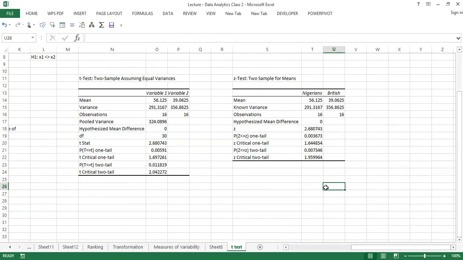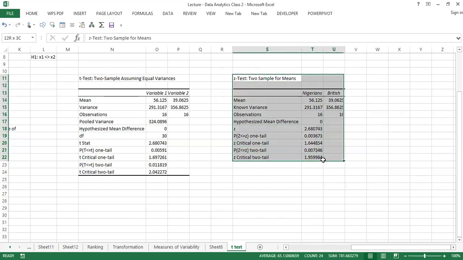We are rejecting the null hypothesis because the z is less than, for the two tails, because this is what we are looking at, less than 0.05. So here also we are rejecting the null hypothesis.